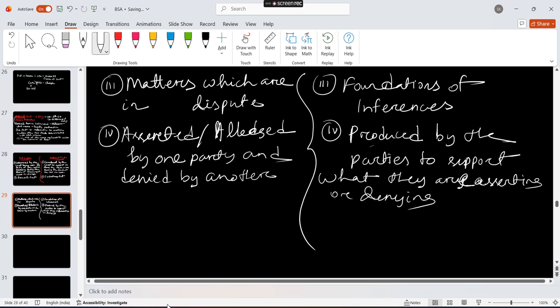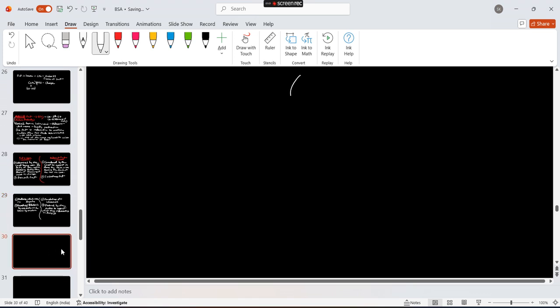Okay. And in the last difference, we have to write two examples from which the differences become much clearer. So, for example, if A is accused of killing B, the facts in issue are whether A has killed B, whether A had the intention to kill B, etc. These are called facts in issue.